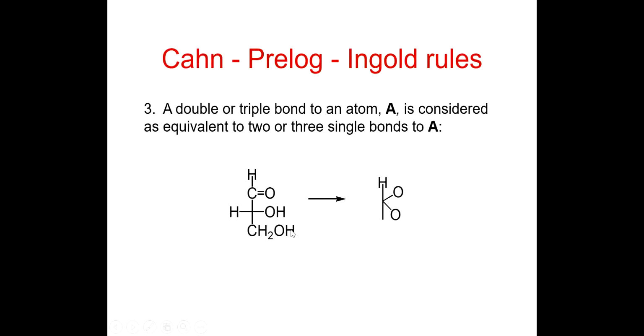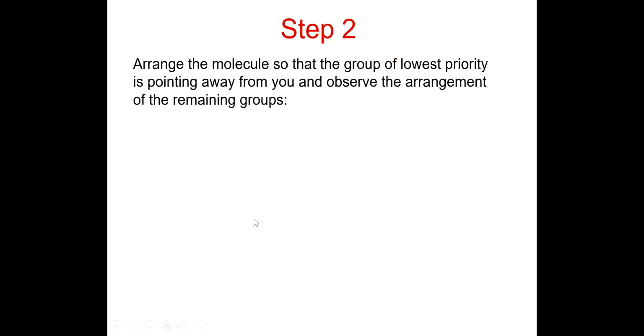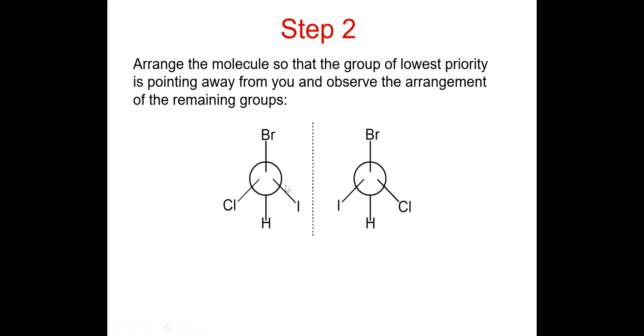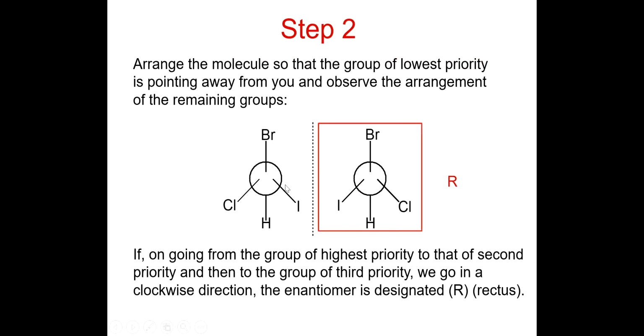We need to determine the priority of the atoms or groups that are linked to the stereogenic or chiral carbon here. And what's next? We will arrange the molecule so that the group of lowest priority is pointing away from you, and observe the arrangement of the three remaining groups.